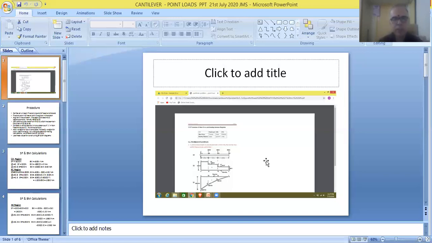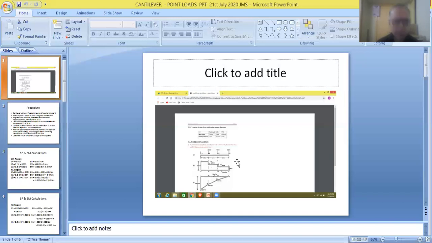So friends, we have to use alphabets for indicating the important points of the beam. Here in this problem, letter A is used for indicating the fixed end of the beam, letter D for the free end, letter B for the load of 300 newtons, and letter C for the load of 500 newtons.